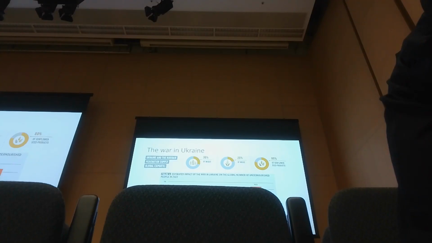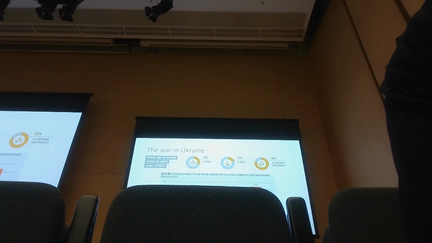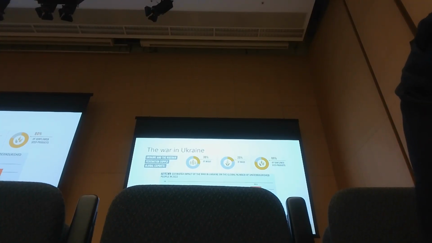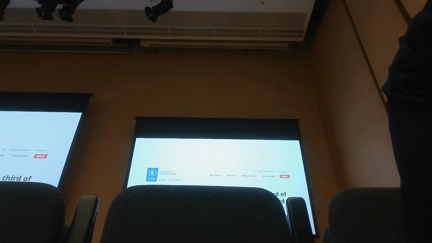So you can see when we have this kind of condition, this instability due to the war, potentially you have an increasing number of undernourished people in the world population, and they will trigger food shortage for the poorest people because they have the least resources to maintain their living standards and to respond to this kind of instability.